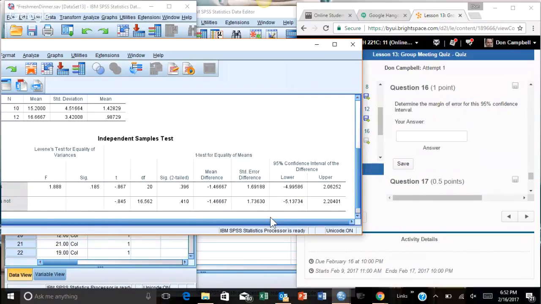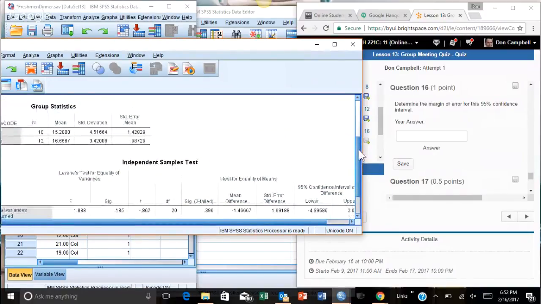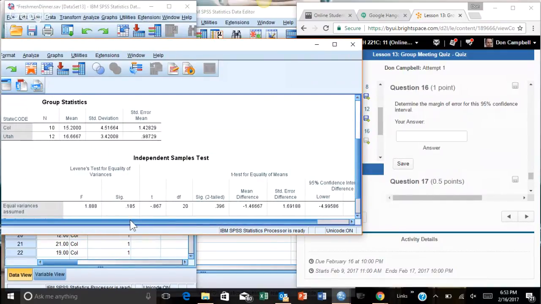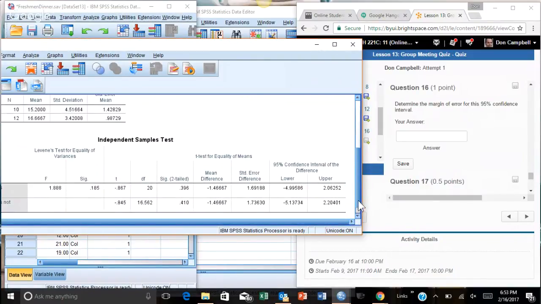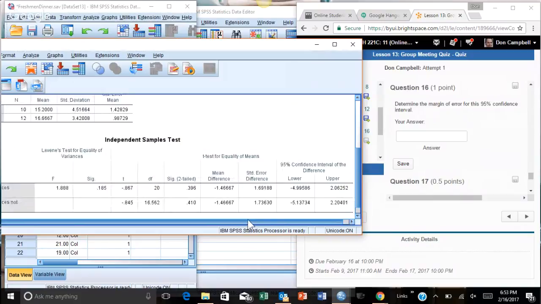Okay, the margin of error. I don't know the answer to that one. I think that'll be what we did a little while back. What do we do?